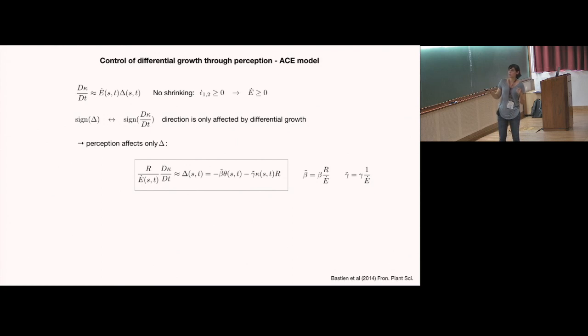So these, with the tilde on top, are just the renormalized constants, okay? And now we're able to connect the dynamics, the change in curvature, in a growing system with the external stimuli, okay? And this stepping stone of delta is what allows us to play with different things.